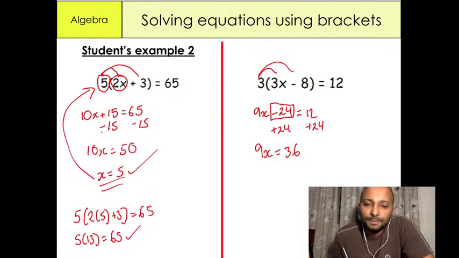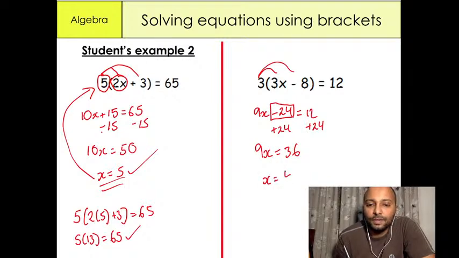What would you need to multiply 9 by to give us 36? Well, the answer is 4. We can divide both sides by 9. So 36 divided by 9 is equal to 4. And that's our final answer.